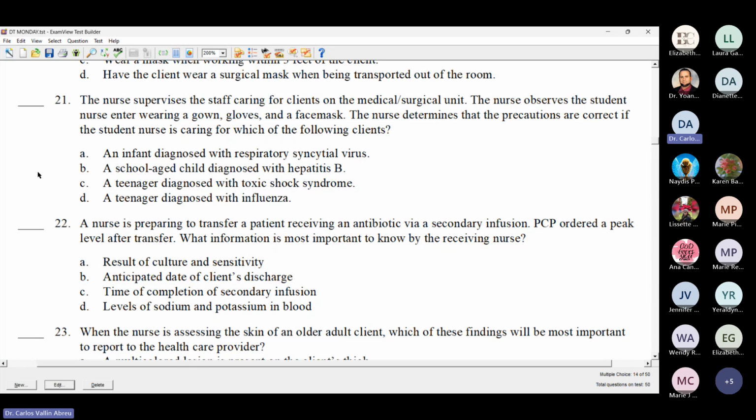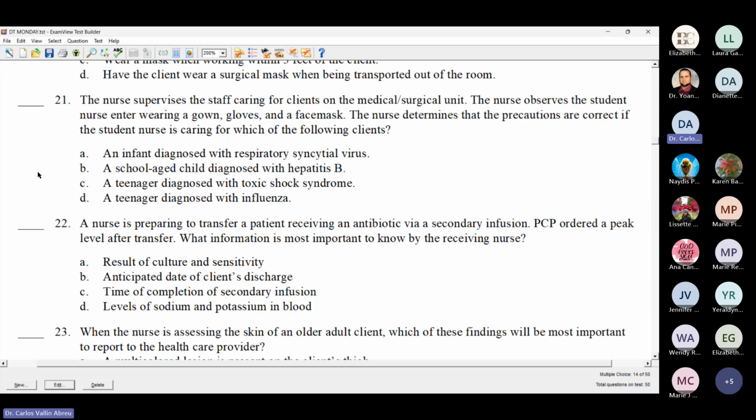The nurse determines that the precautions are correct if the student nurse is caring for which of the following clients: an infant diagnosed with respiratory syncytial virus. This is RSV, and RSV has been well established by the experts as contact precaution. So there is no need of face mask.